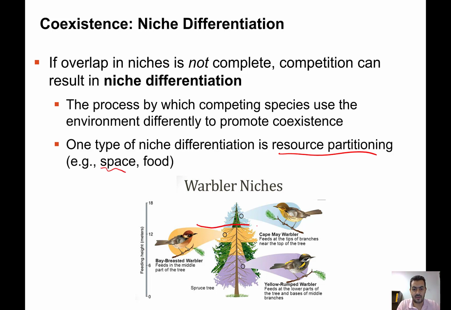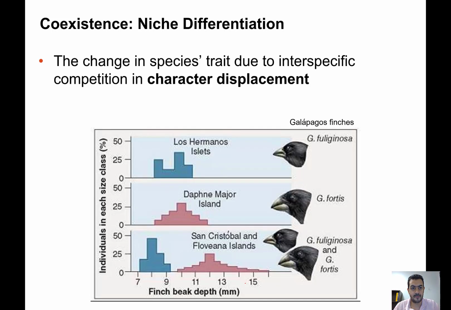Imagine there is a partition here and there is a partition here, and this one will live at the top of the tree, this one will live at the middle of the tree and will feed from the part of the tree from the middle. This one will live and feed from the part of the tree at the base. So by resource partitioning, now we are allowing niche differentiation, which will allow coexistence.